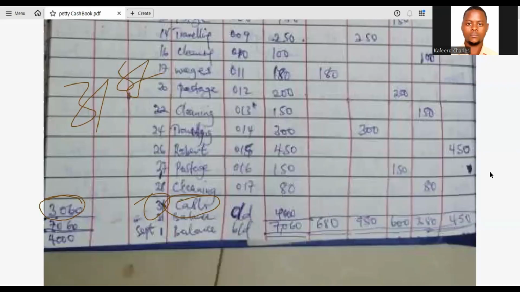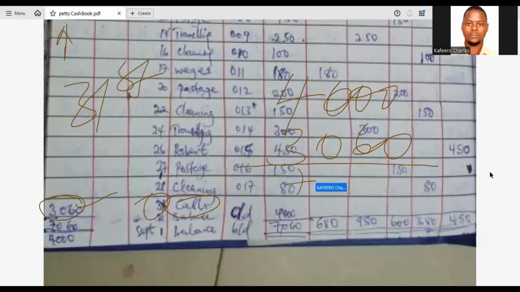It is basically the balance because we had this. We were given 4,000 at the start of the period and we were reimbursed 3060. This is what we have here and the first one that we had up here. So once you add this, it is 7060.